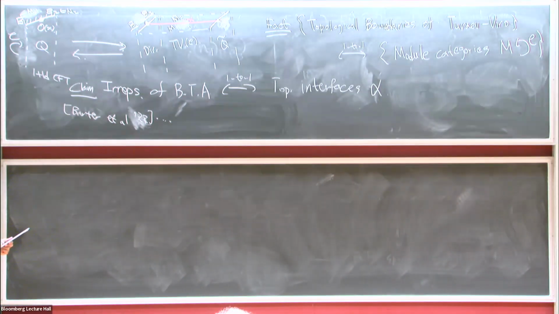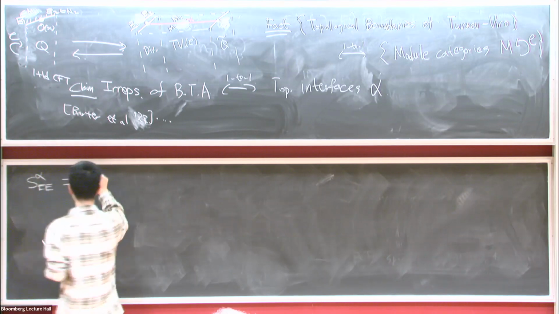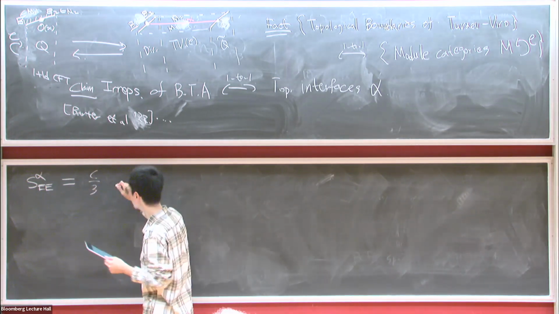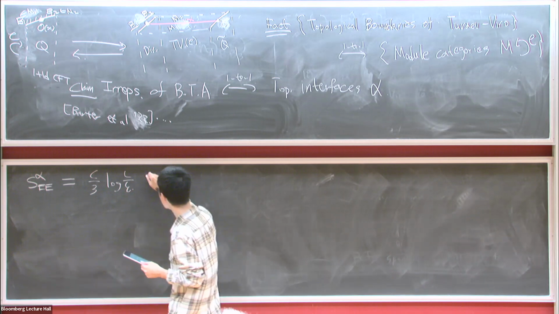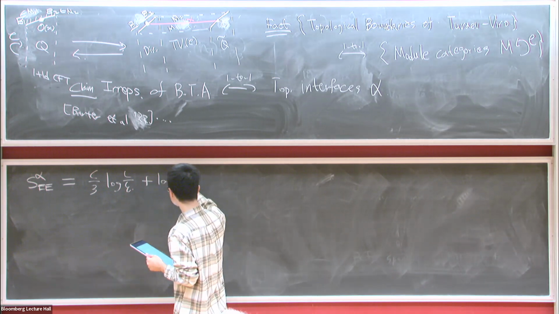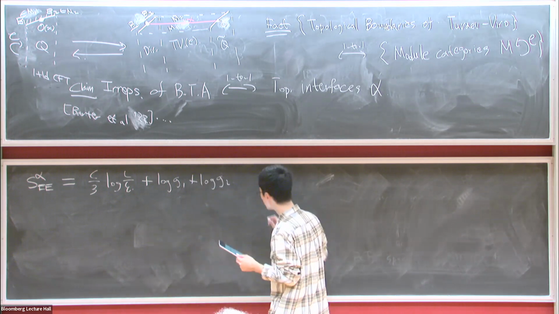You can compute this quantity using TQFT techniques. Then the leading behavior is the same as before. So the leading logarithmic behavior doesn't change. The boundary G functions also don't change.